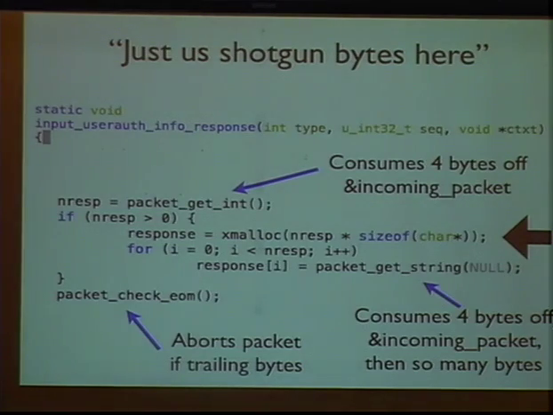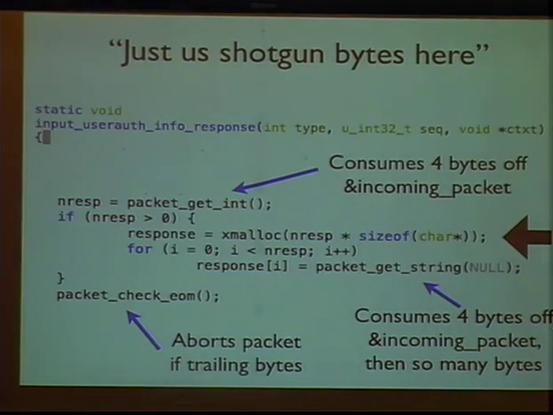So the very first thing that happens is we pull 4 bytes off of the incoming packet. That's a 32-bit integer. If that number is greater than 0, that looks like a sanity check, right? Fine, wonderful. Then we start allocating space for a bunch of strings.